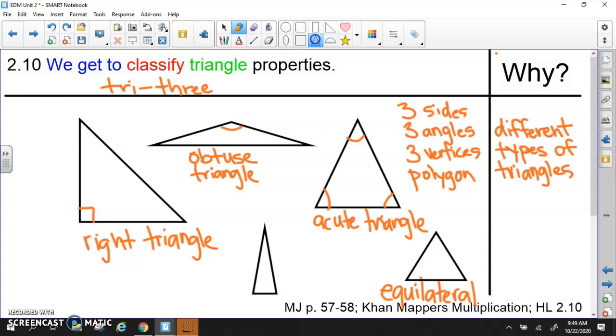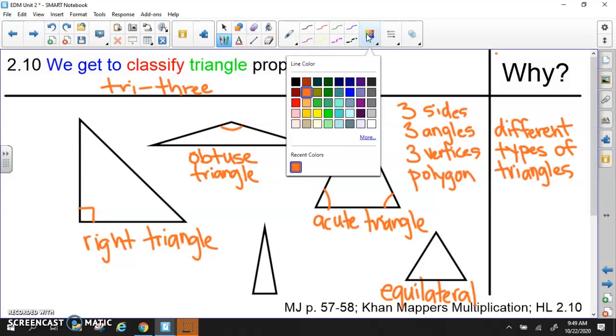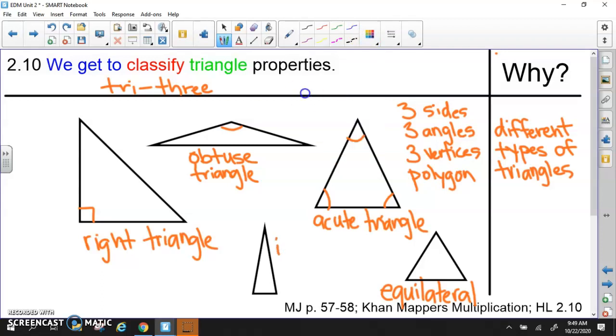What do you think? No, that's not quite what it is either. One more thought on this. That's it. So isosceles means two sides are the same.